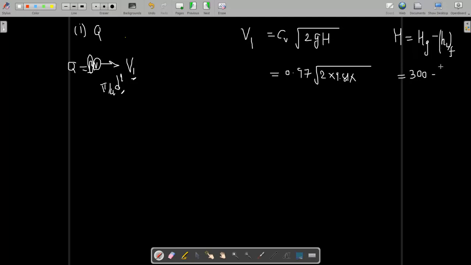10% of what? Total head. That means 10% of total head, that is 30 meter. So the 30 meter is lost, and the net head available with us is 270 meter.